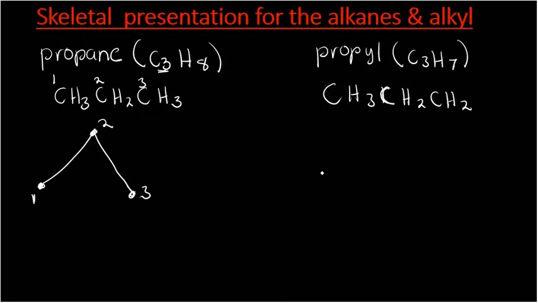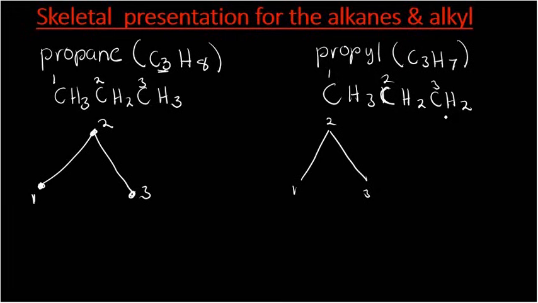Now for you to write the propyl skeletal presentation, what you do is you say this one here, right? So this is carbon number 1, carbon number 2, then carbon number 3. So you draw all of them like 3. 1, 2, 3. We have drawn, right?